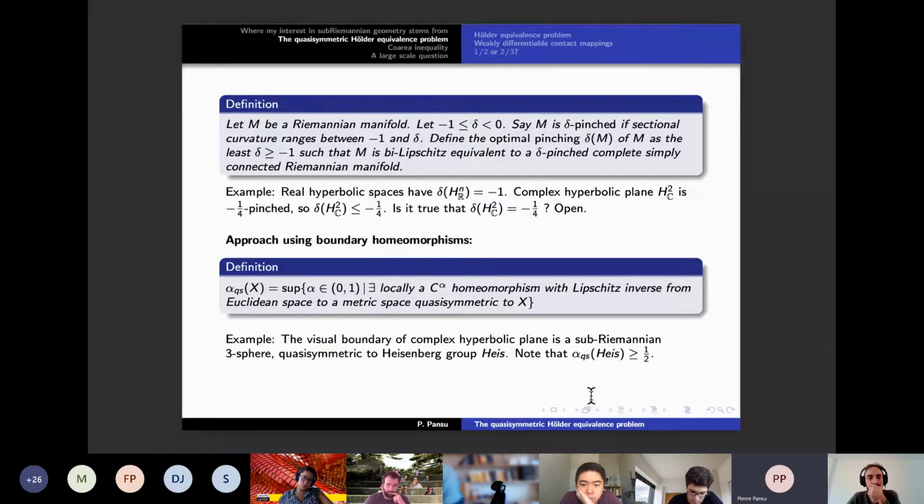So now I take these two words, Hölder homeomorphisms and quasi-symmetric metric spaces, and put them together in the following notion.